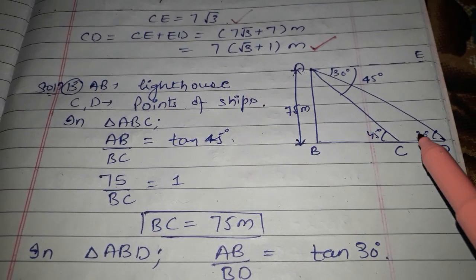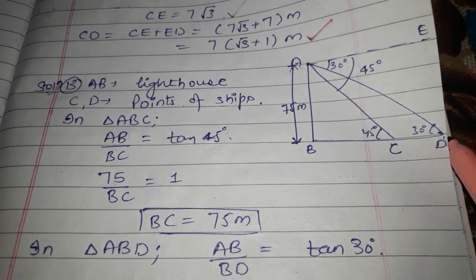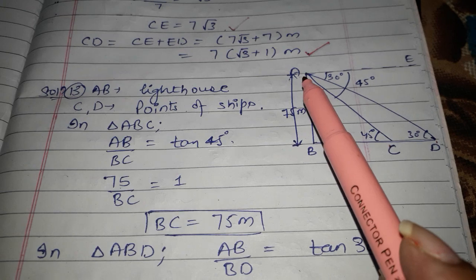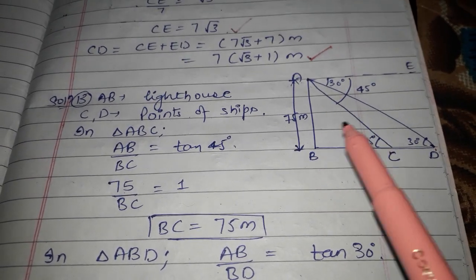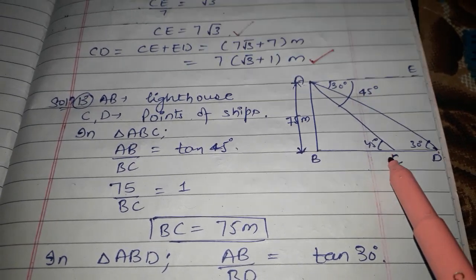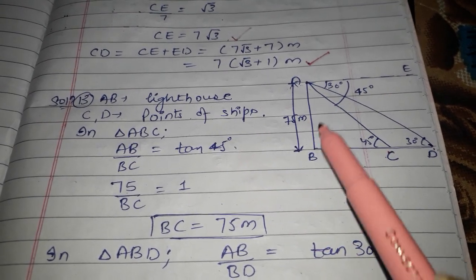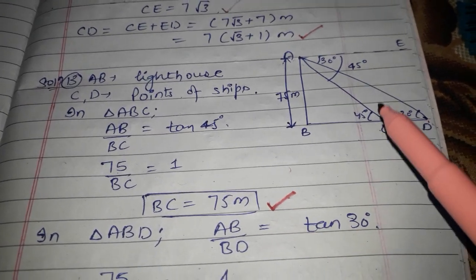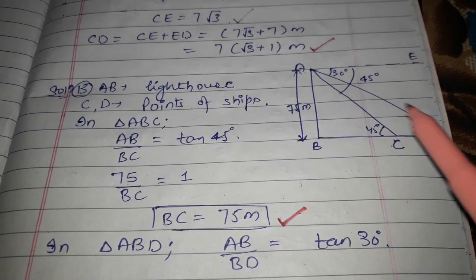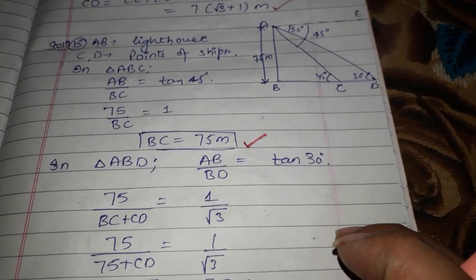AB is the lighthouse, C and D are the points of the ships. First of all, we will put the formula in triangle ABC. In triangle ABC, AB upon BC will be equal to tan 45. AB is 75, tan 45 is 1, so BC is equal to 75 meter. In triangle ABD, AB upon BD will be tan 30 degree.